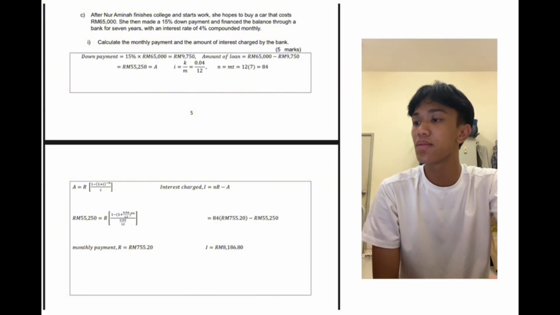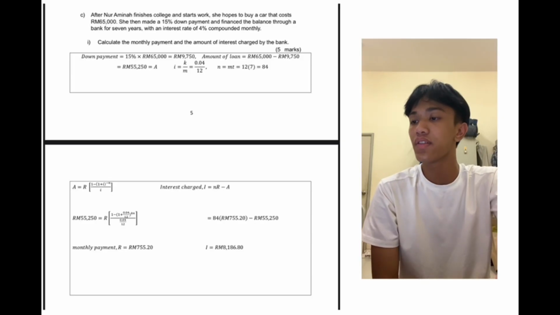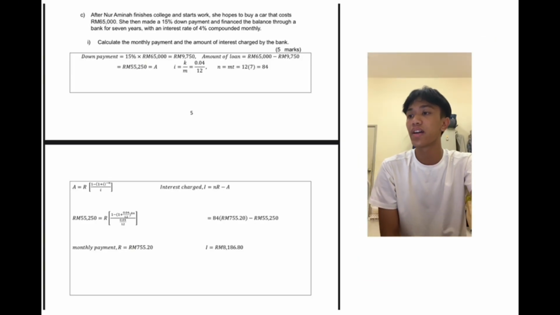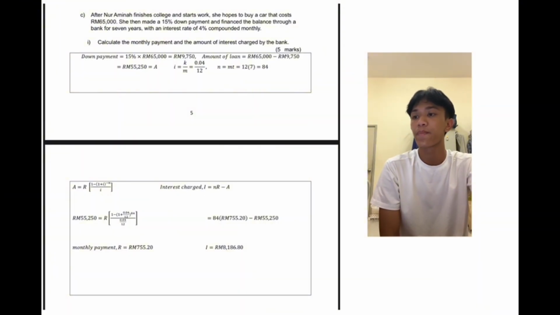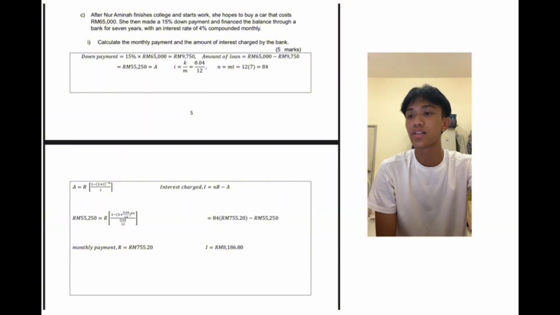So I will get the monthly payment, which is R is 755 ringgit 20 cents. And lastly, I will find the interest charged, which is I equal to nR minus A. So n is 84. So 84 multiplied by 755 ringgit 20 cents minus 55,250 ringgit, and I will get 8,186 ringgit 80 cents.